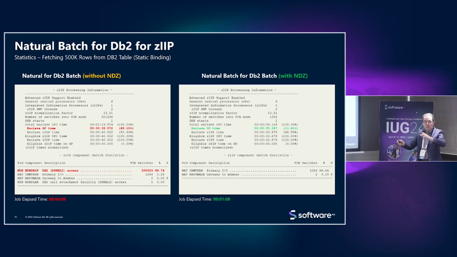So that's the red bar we saw in the middle in setup number 2, and the elapsed time of 4 minutes 9 seconds. With NDZ, what we can do here is basically increase to almost 87%, okay, and a dramatic reduction of the GP time. And obviously the DB2 switches are gone, and the elapsed time of the job reduces dramatically. So that's what NDZ, our new solution, is all about.